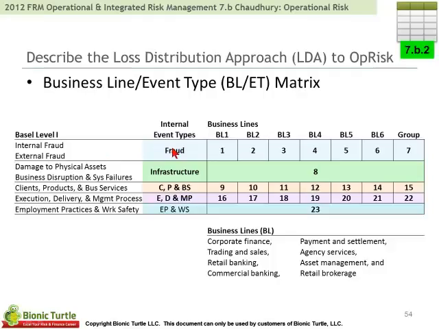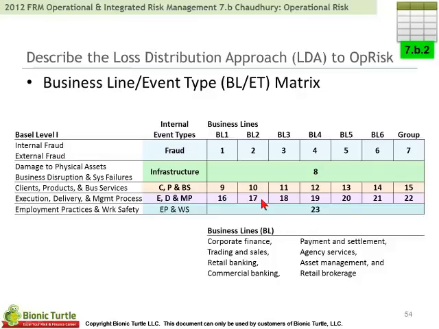So in this example, from a case study here, Deutsche Bank had 5 internal event types, but all 7 of the Basel event types were covered because fraud was mapped to internal plus external. Infrastructure was mapped to 2 of the event types as well.